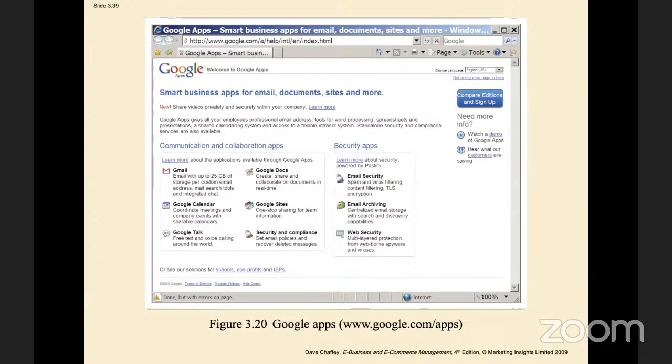This is a search being done on Google. So here are the Google apps basically shown. What are the different apps or services that Google is providing? It's Gmail, Google Calendar, Google Talk, Google Docs, Google Sites, security and compliance, then email security. The first one is the communication and collaboration apps. Then the second one is the security apps: email security, email archiving, and then the website or web security.